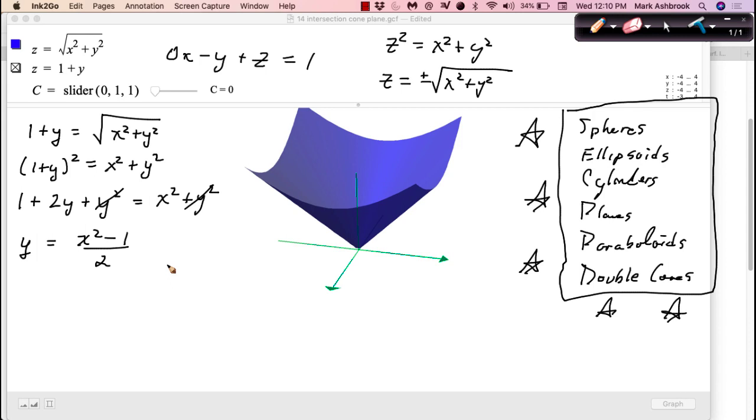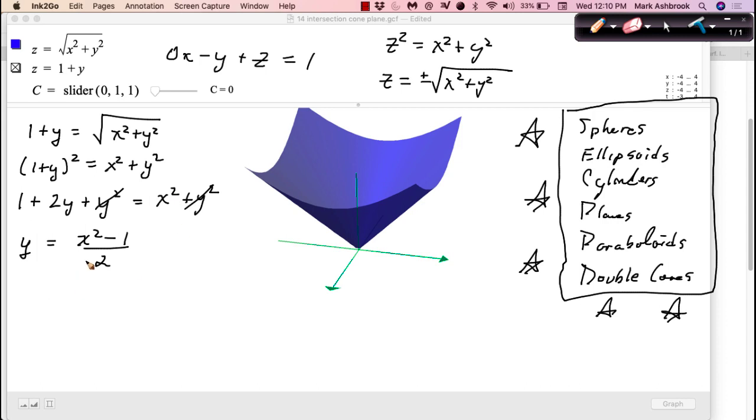So what is this? This is what we would see looking down on the intersection of these two surfaces, right? We've got these two surfaces, the plane and the cone. If we were to look down on it, take z out of the picture, we would get what? Parabola. Okay.